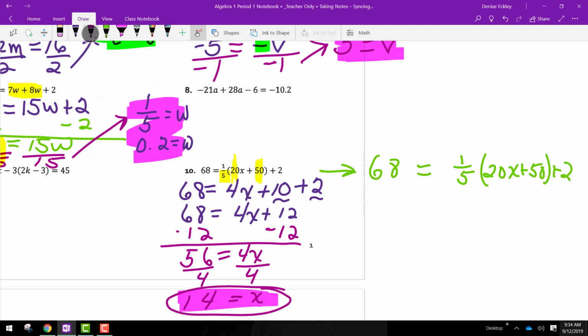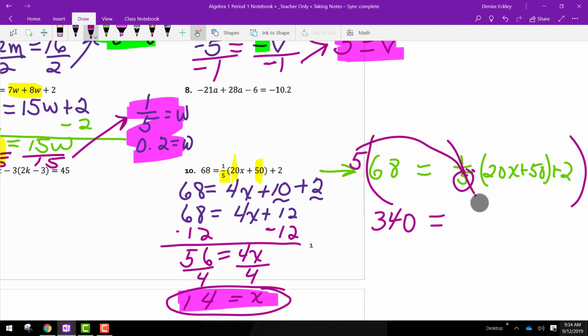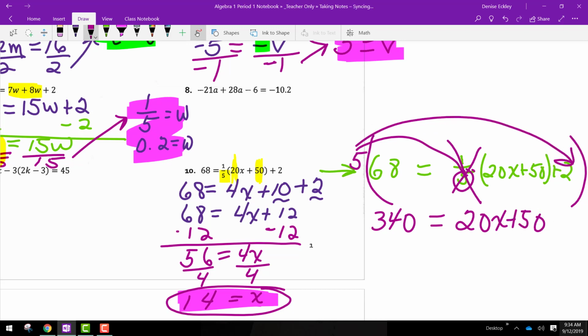So now what I'm going to do is I'm going to multiply everything by this denominator, which is 5. So I'm going to do 68 times 5, and I get 340 equals, these will cancel, so I just have the parentheses, 20x plus 50, but I also have to multiply it times the 2, so plus 10.